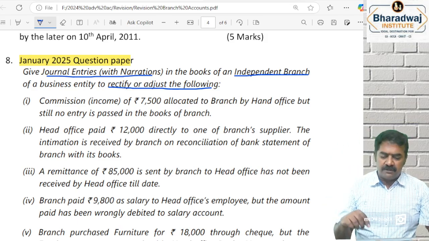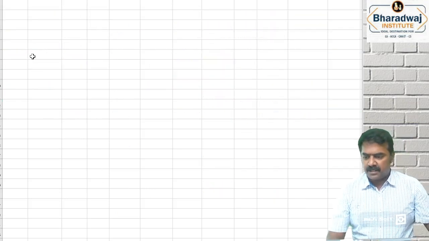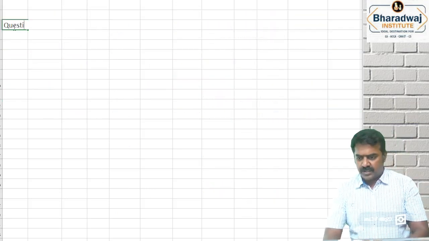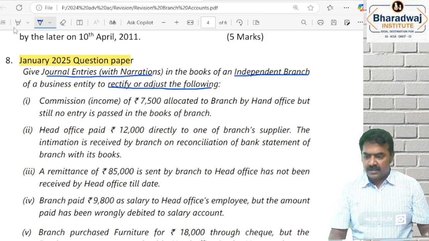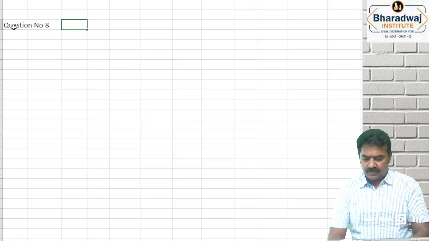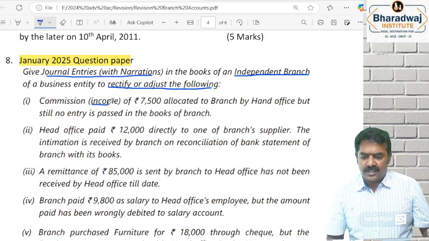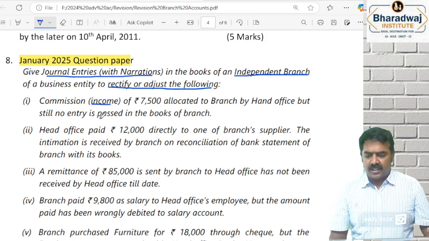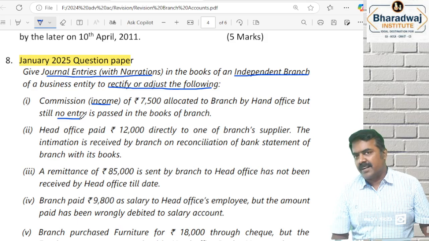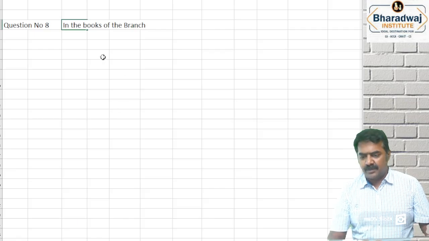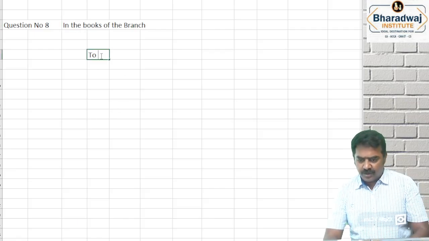Now, are we in the books of branch or head office? Question number 8, in the books of the branch. Commission, is it income or expense? Income. No entry is passed. Income has to be credited to commission income.